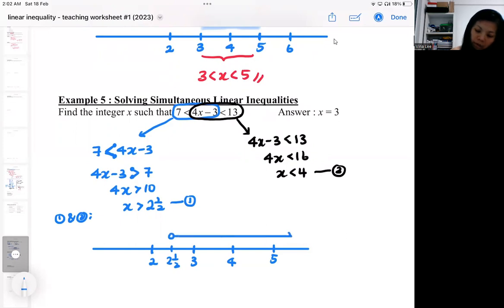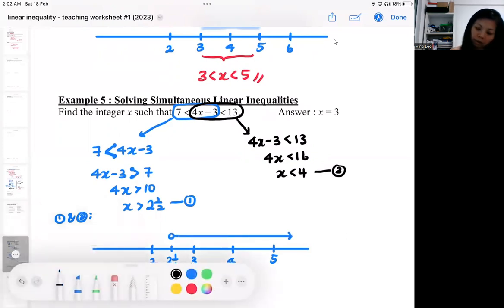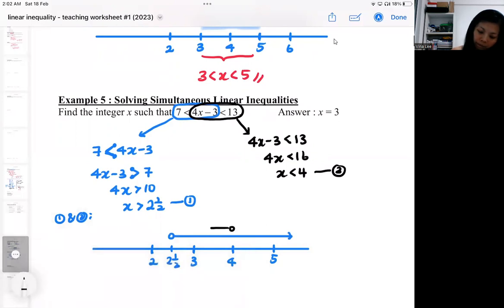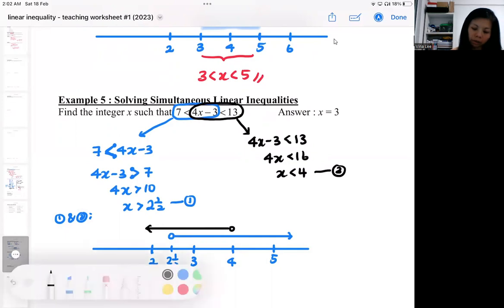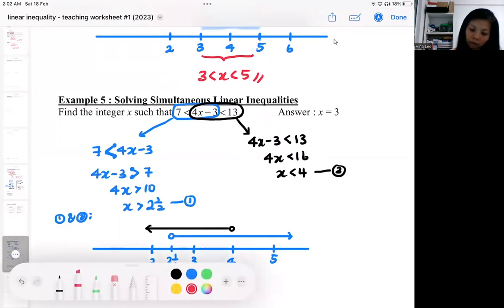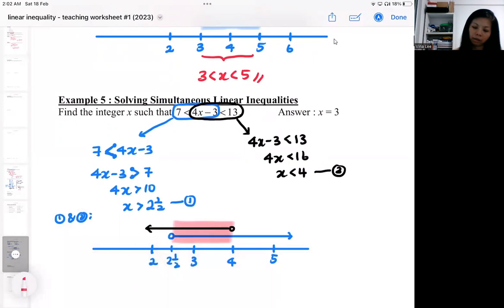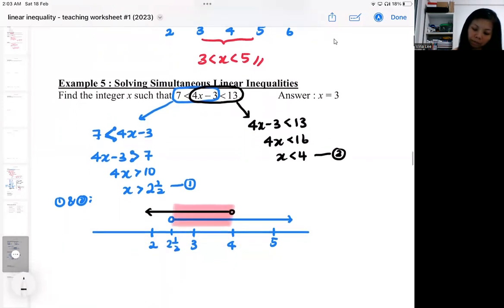That's the first inequality sign. The black one is here. So where is the combined answer? You see the double line. That's the combined answer.